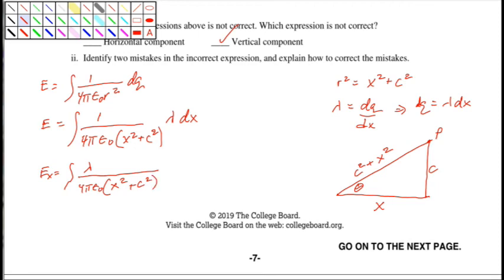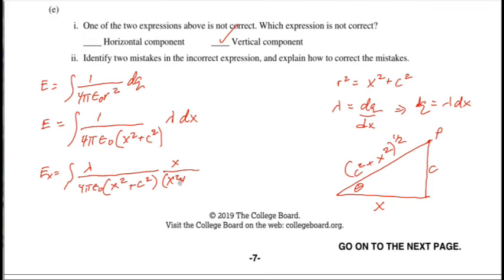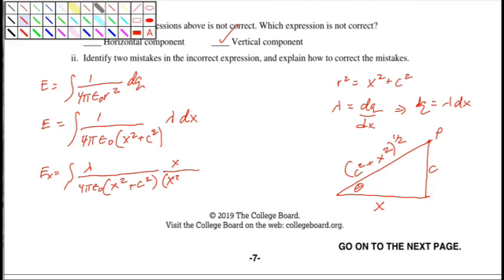Now we're going to multiply that by the cosine of this, which is just going to be x over, oh sorry, x squared plus c squared to the 1/2. And then we have times lambda dx. And what we get when we multiply this all out is what we saw up above.